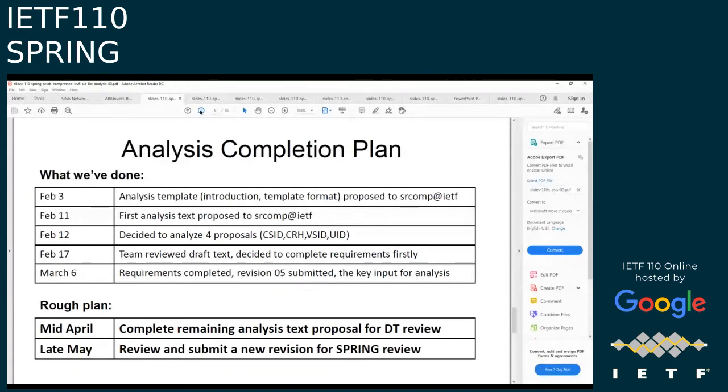And in late May, we hope to submit a new revision for SPRING review. So that is a rough plan, and I hope we can catch up with the progress we promised. So that's all. Thank you.